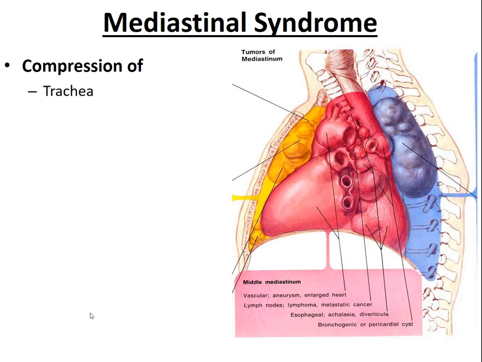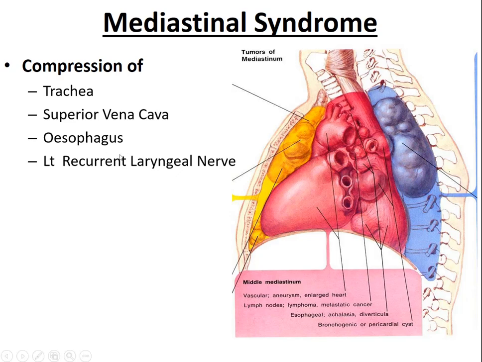If it is compressing the trachea, that leads to dyspnea, cough, breathlessness. If it is compressing the superior vena cava, the venous return is hampered. So venous engorgement and edema occur in the upper half of the body, including the upper limb. If it is involving the esophagus, it will lead to difficulty in deglutition, that is dysphagia. If it is involving the left recurrent laryngeal nerve, which supplies the larynx, it will lead to hoarseness of voice.